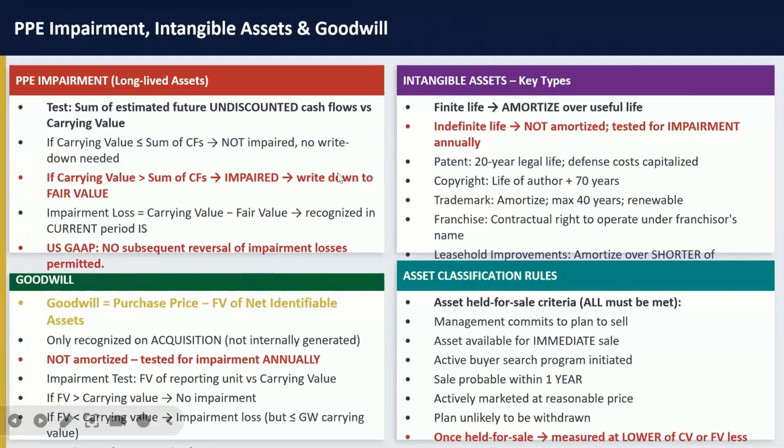Now coming up with our intangible assets. Intangible assets are those assets which you cannot touch or feel, but it just brings in value for our business. And in intangible assets, there are two types: finite life and the ones with the infinite life. Intangible assets with the finite life, in the sense, you will be able to calculate amortization for it.